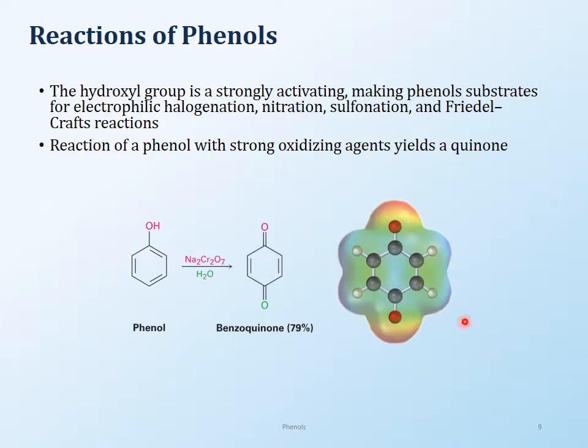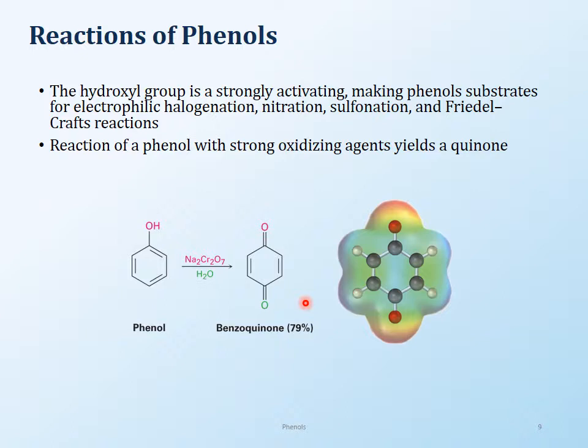So the reactions of phenols: there are a few reactions of phenols, and some of them are really unique. A lot of them are just like alcohols. The first one, which is a really interesting one, is the formation of hydroquinone, or benzoquinone in this case. Hydroquinone would be the two alcohols, but this is benzoquinone. You can take a phenol and oxidize it to give benzoquinone.